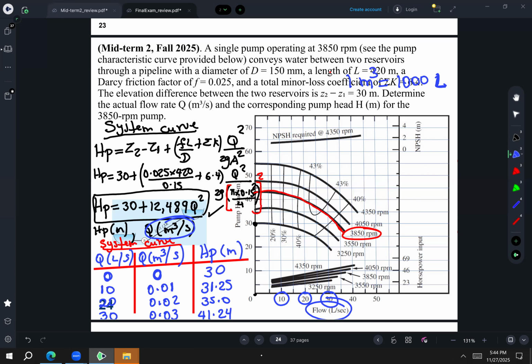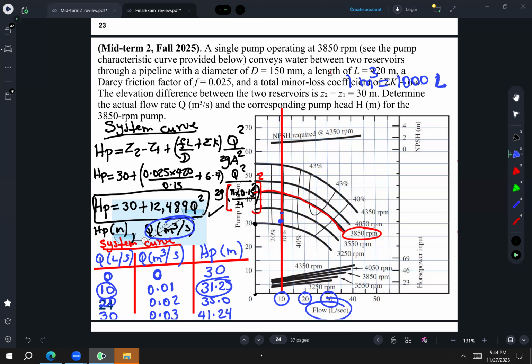Now we can plot these values on the pump curve. When the flow is 10 liters per second, the head is 31.25. We have here the value of 30 and this is 35, so 31.25 will be more or less around here.